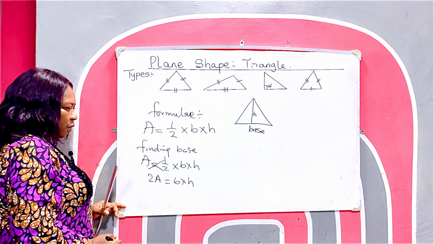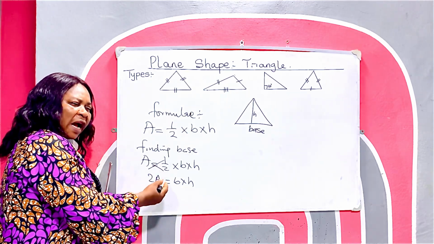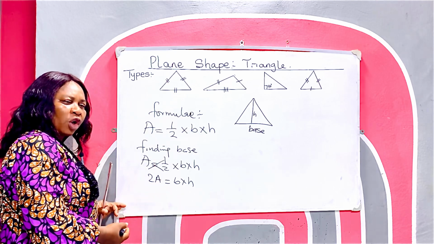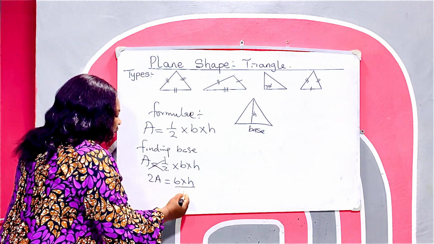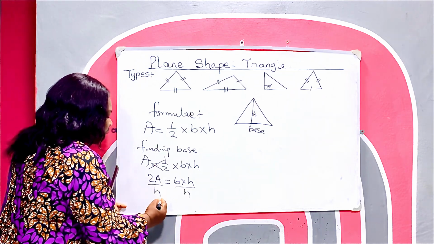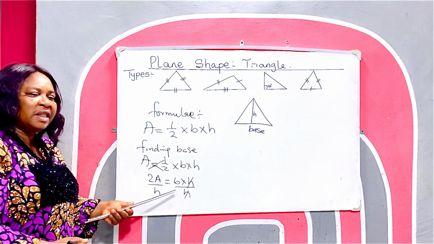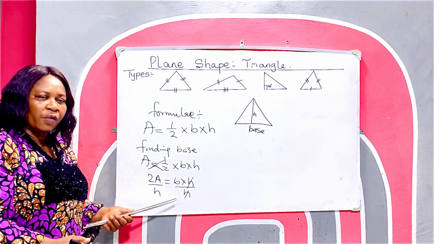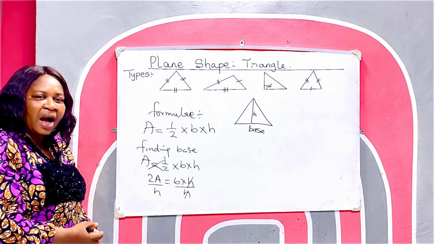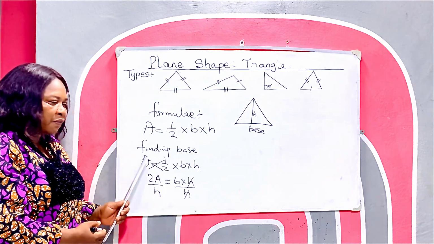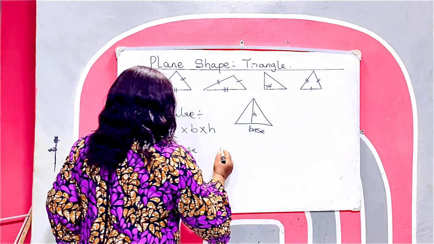I'm looking for base, so I divide both sides by the one I am not looking for, which is height. Height cancels height, and base is now the subject of the formula. I then substitute the numbers I am given. That is finding base. Let's talk about finding height.